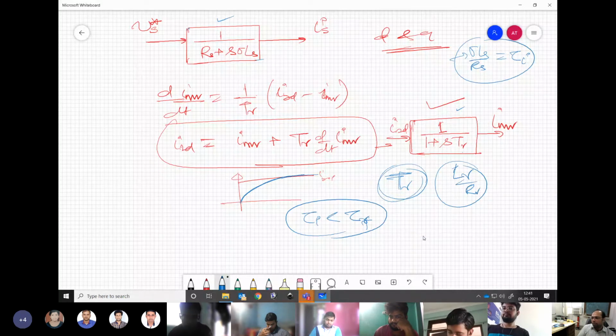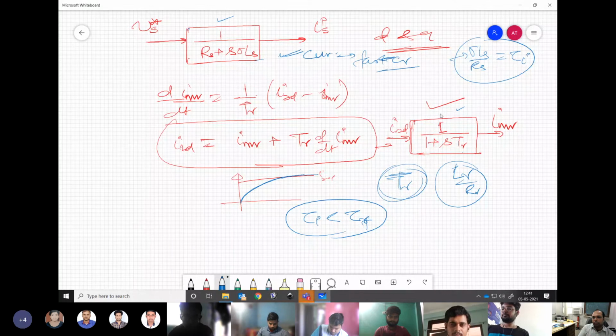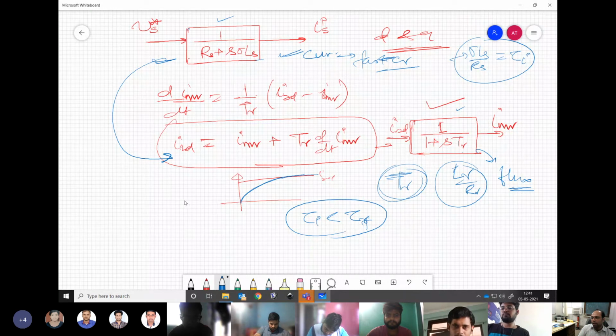So this system, your current control system, is much faster compared to your flux plant, which is why we do the current control first, then we go for the flux. It is according to how the time constant appears in the system. The fastest one is current and the slower one is flux, which is why we go in that sequence. The bandwidth for the current is much faster and the bandwidth for the flux is slower.